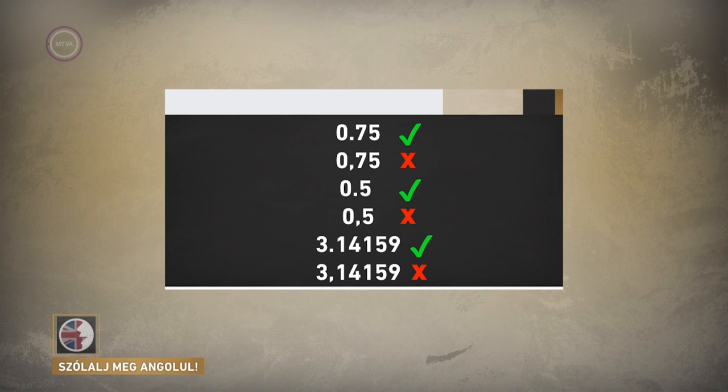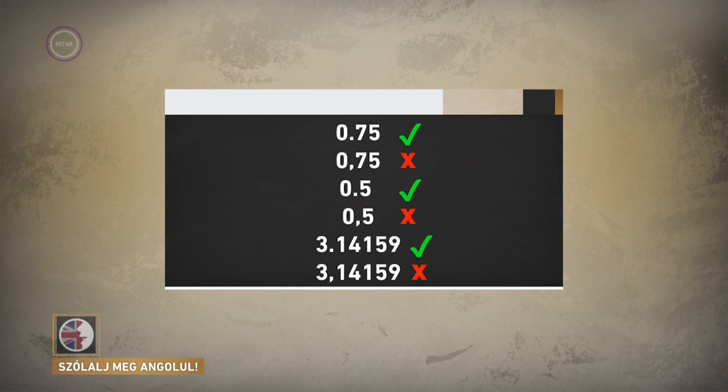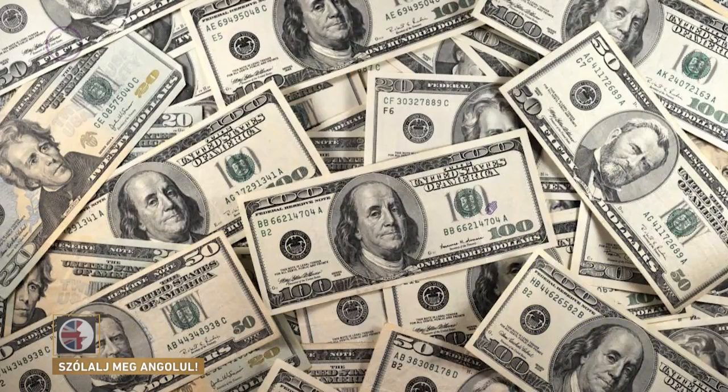Good. Now, another thing we have to be careful about is how we say the numbers after a decimal point. We say each number separately. It's nought point seven five, not nought point seventy-five, for example. Bill Gates has got 15.236 billion in the bank, not 15,263 billion in the bank.